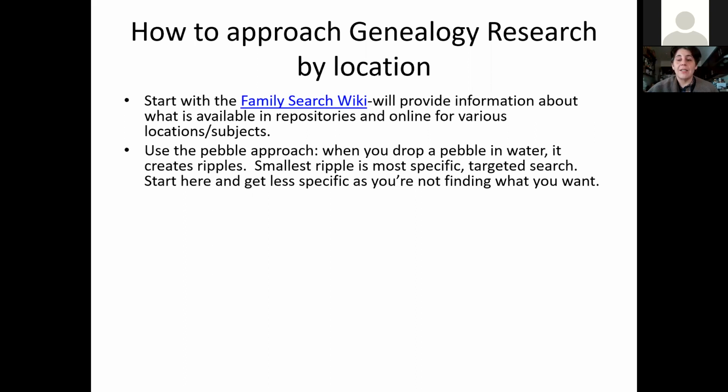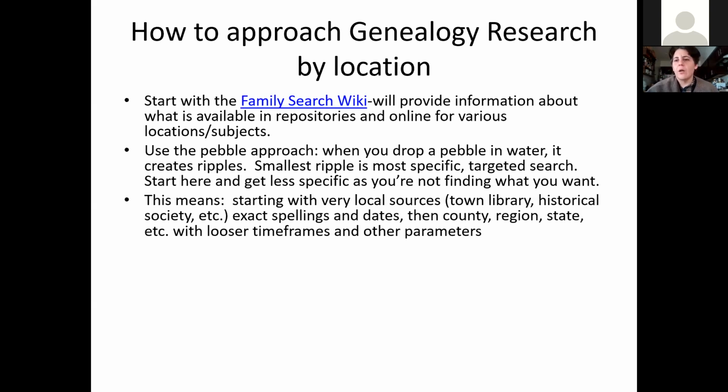So that is the approach I recommend for what I call information dump sites, where they have a whole bunch of collections available for you to search. I guess technically they are digital repositories, but that is the approach that I use.